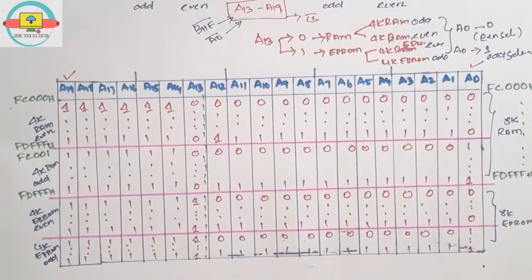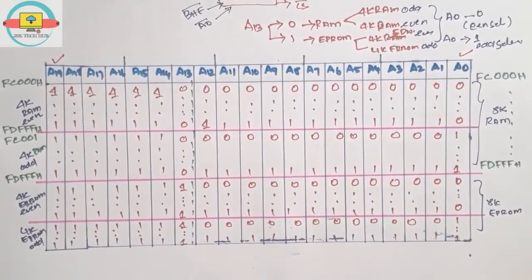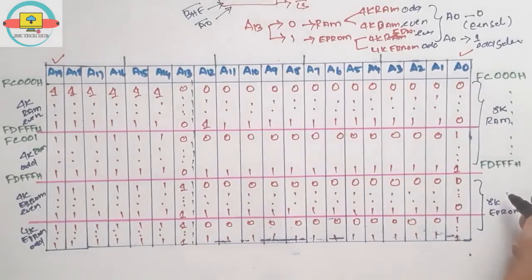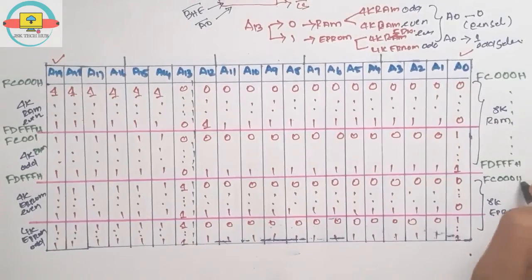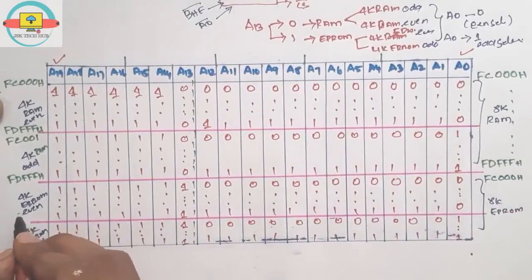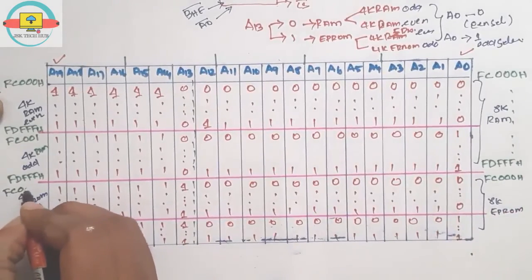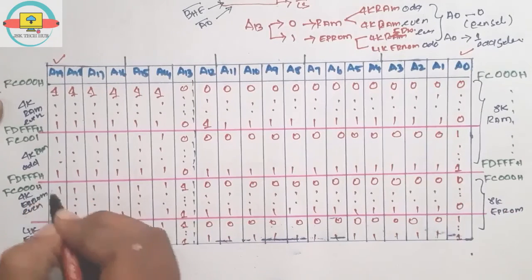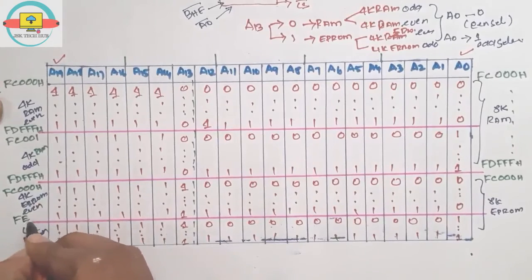Next, we are going to find the address values for the 4 kilobyte EEPROM even bank and odd bank separately, and the address range for the 8 kilobyte EEPROM. The address range of the 8 kilobyte EEPROM starts from FC000H. Similarly, my 4 kilobyte EEPROM even bank address starts from FC000H and ends with FFFFEH.